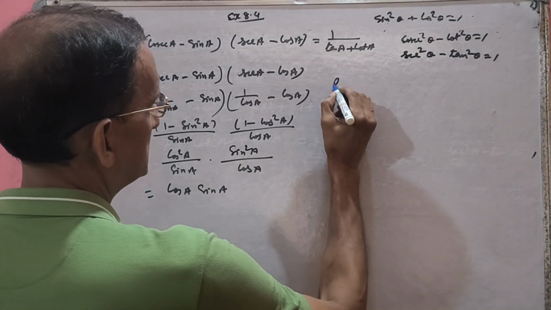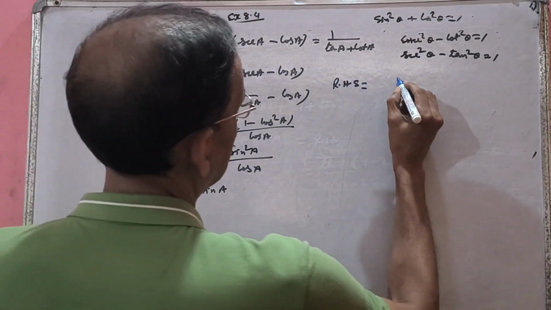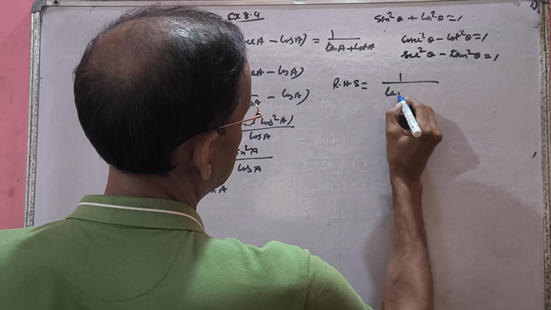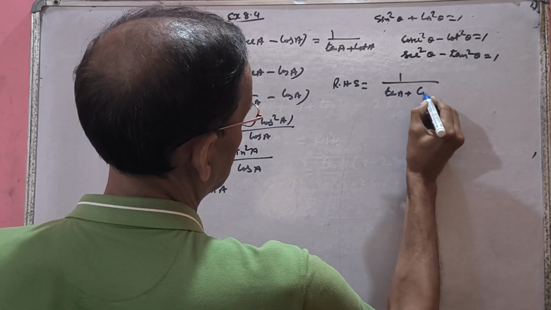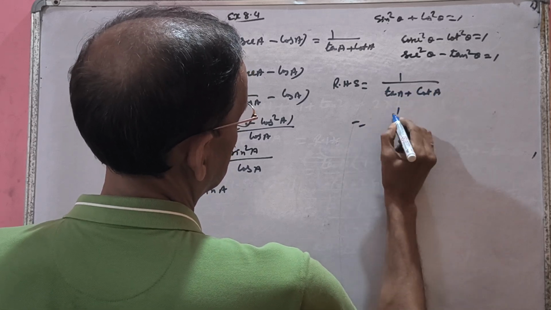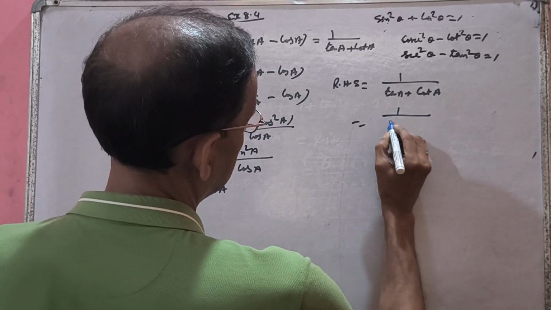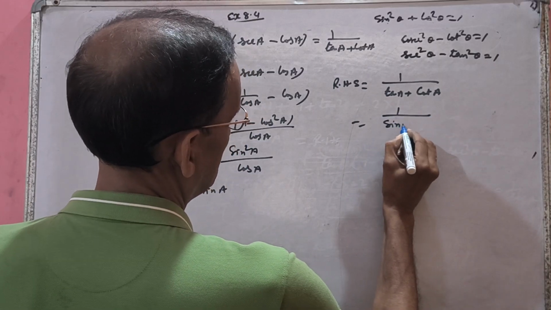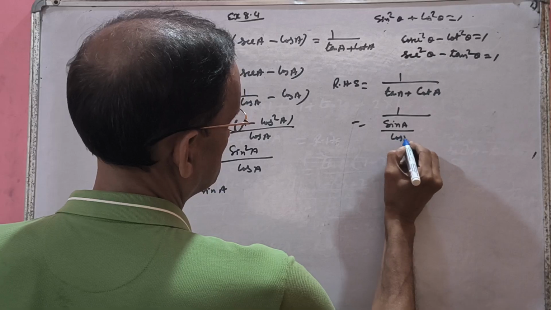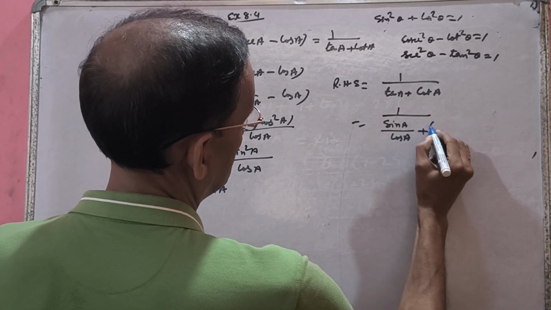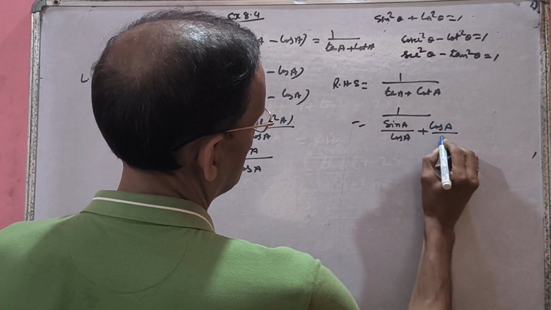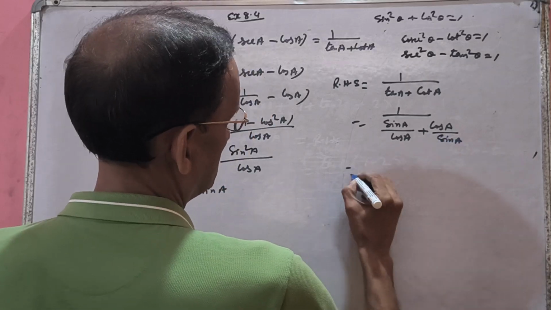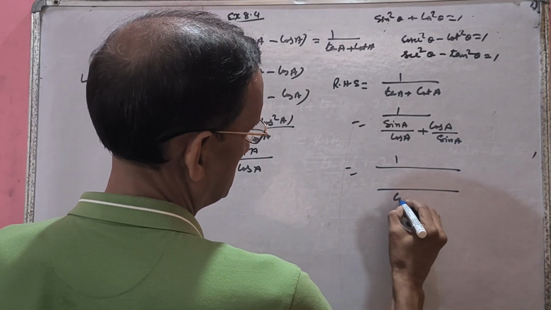Now simplify the right hand side. What is the right hand side? 1 by tan A plus cot A. To convert this, tan what will we write? Sin by cos. And cot what will we write? Cos by sin. So take the LCM. What is the LCM?